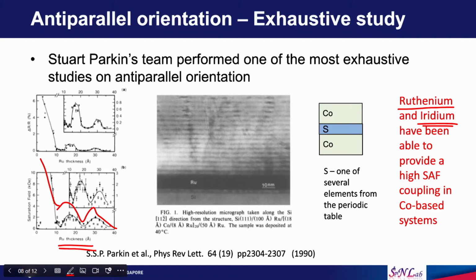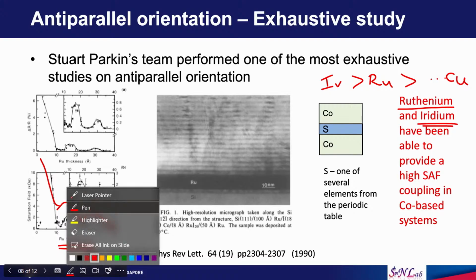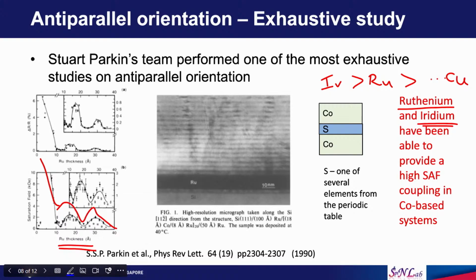Iridium has been reported to have very large exchange coupling compared to ruthenium, and compared to these, other materials are much inferior. Let us say you take copper, for example. In the case of copper, maybe this coupling is very weak.